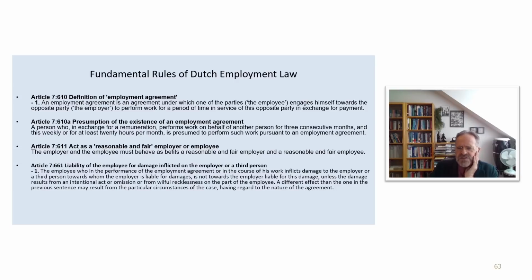And what does he commit himself to? To perform work for a period of time in the service of this other party in exchange for payment. So in this little article, and I will present them to you later, are the elements which create an employment contract.